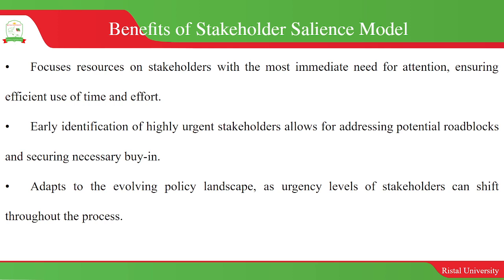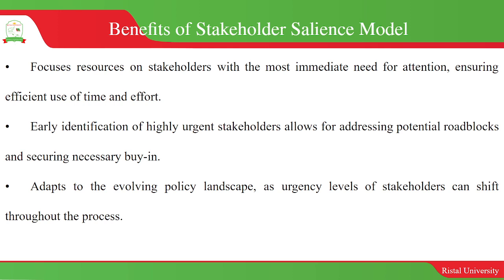And then you can easily identify the stakeholders with high urgency, allowing you time to really address the issues that may prevent the policy from going ahead. And then it adapts to the evolving policy landscape.